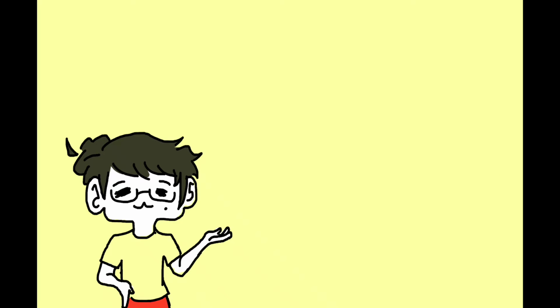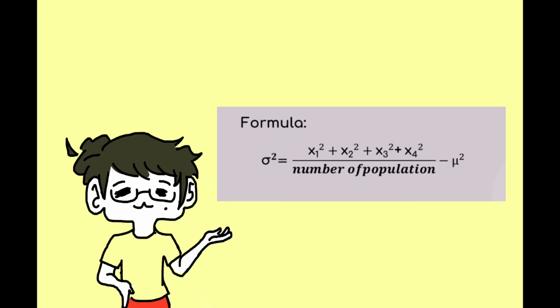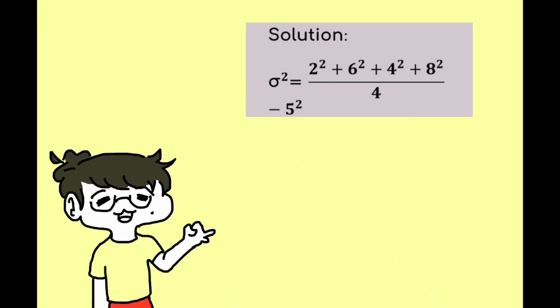Now let's solve for the variance. The formula for this one is sigma squared, or the variance, is equal to x sub 1 squared plus x sub 2 squared plus x sub 3 squared plus x sub 4 squared over the number of data we are given, or population, and minus all of that to the population mean squared. So we put in the values and now it becomes 2 squared plus 6 squared plus 4 squared plus 8 squared over 4.